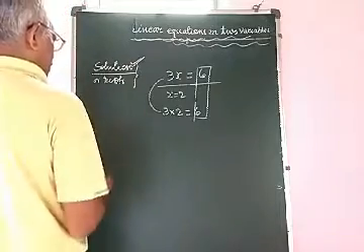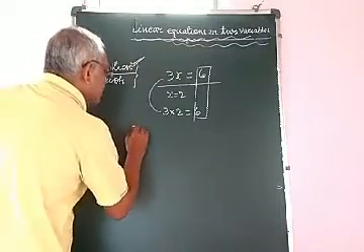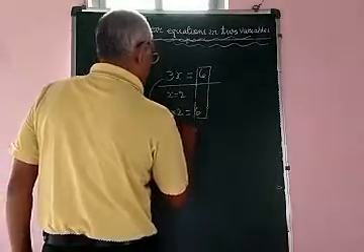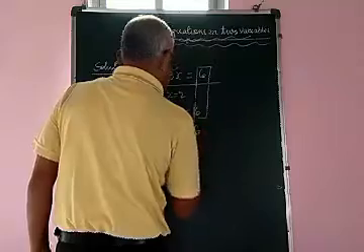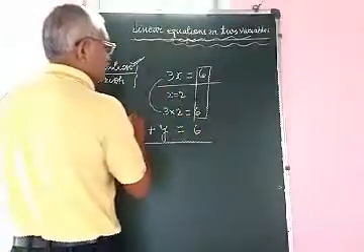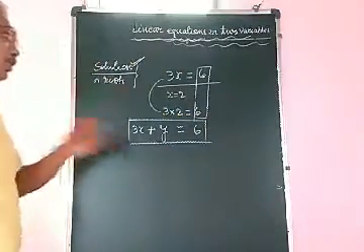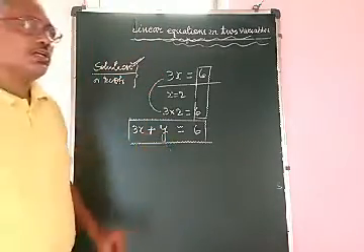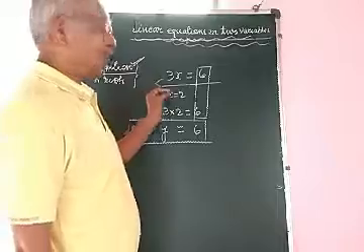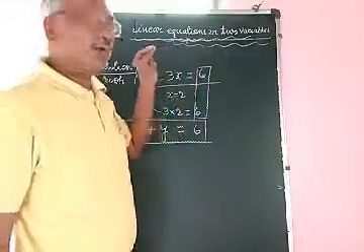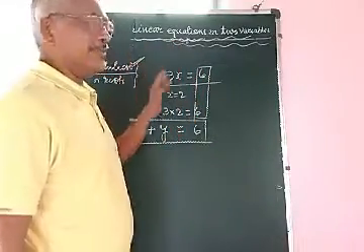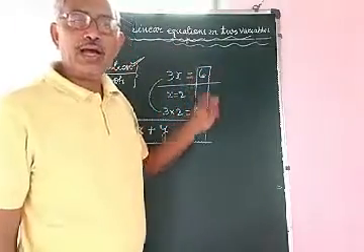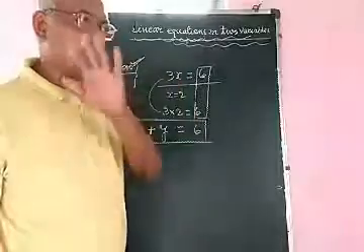Now similarly here is 3x plus y is equal to 6. Now this is a linear equation in two variables and this is a linear equation in one variable. You have studied that a linear equation in one variable has only one solution.